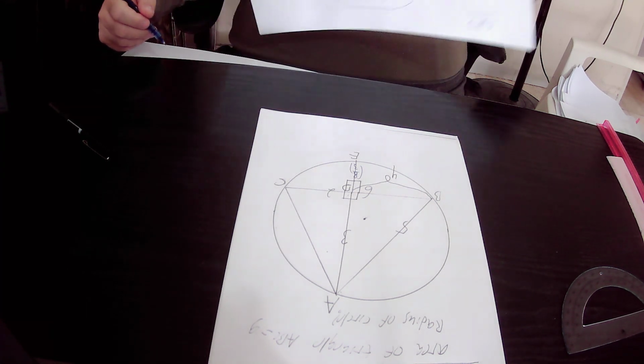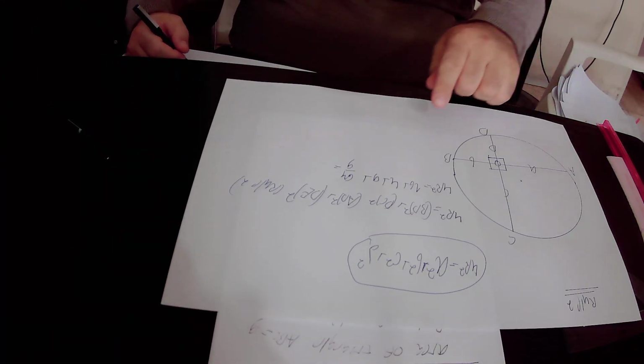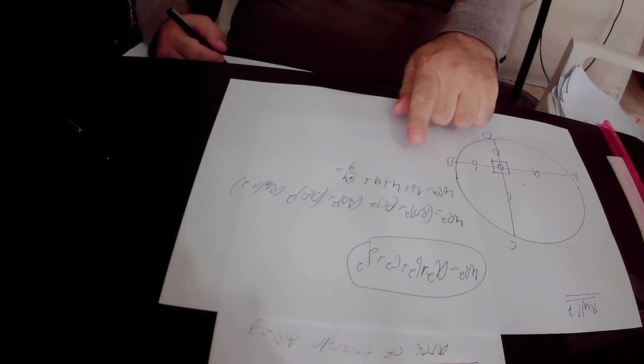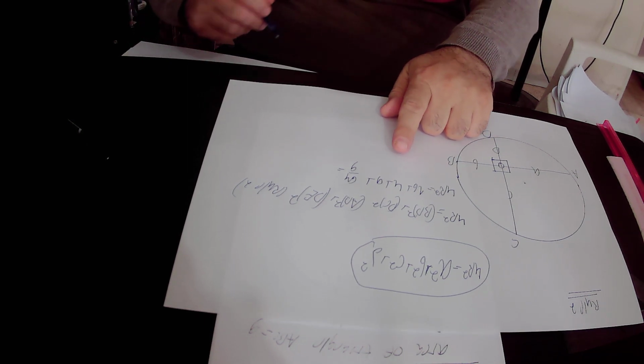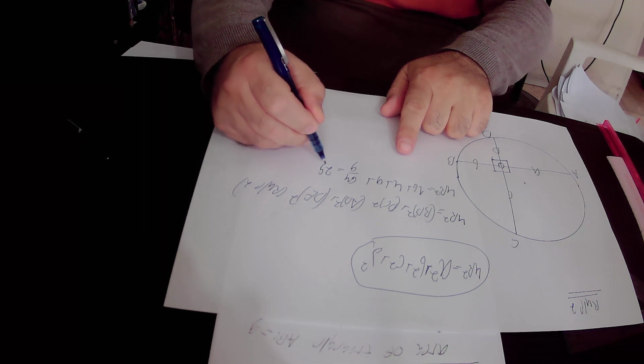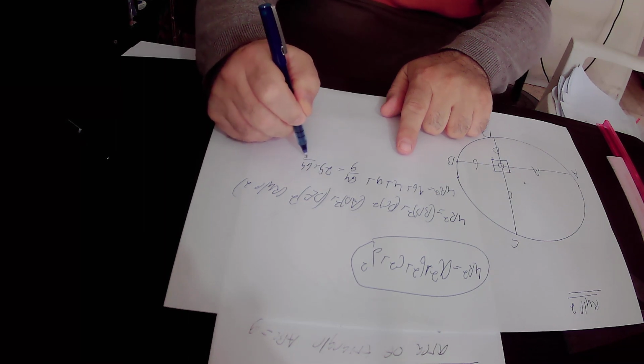So in conclusion, we found that according to equation number 2, 4r squared equals 16 plus 4, that is 20, and 20 plus 9 is 29, so it is 29 plus 64 over 9.